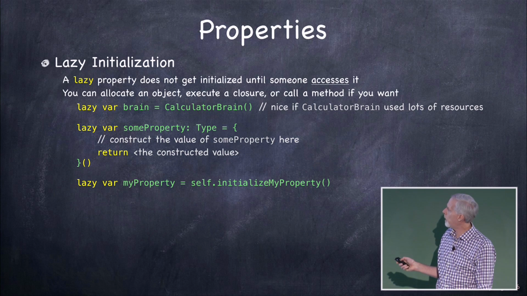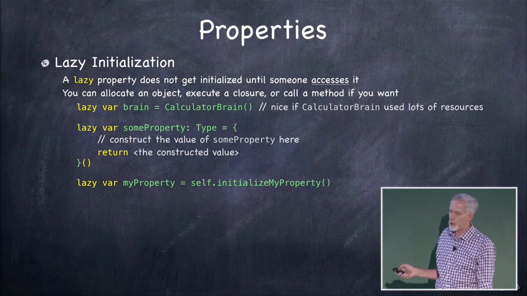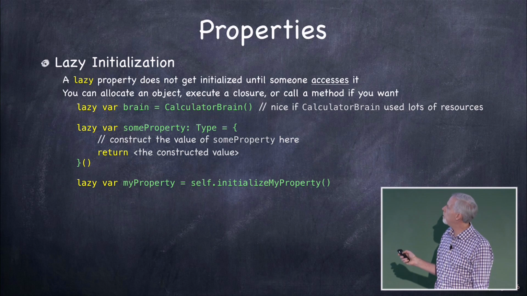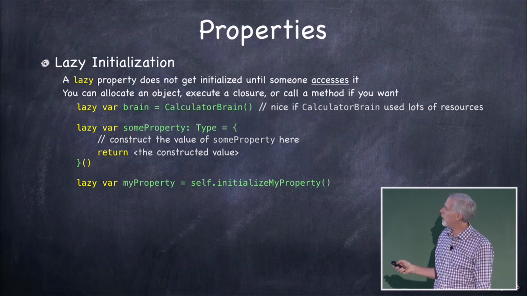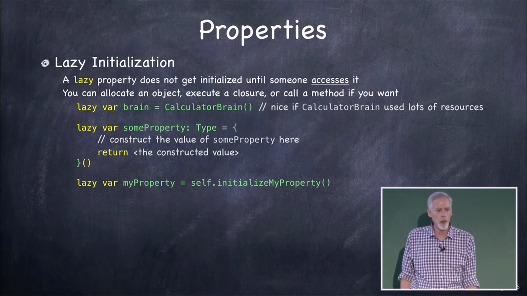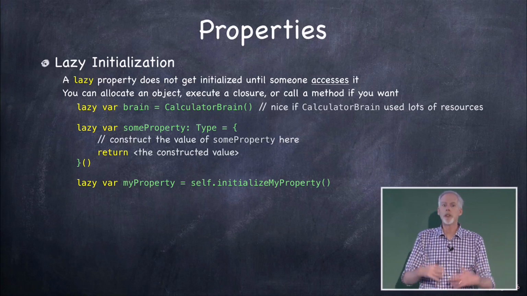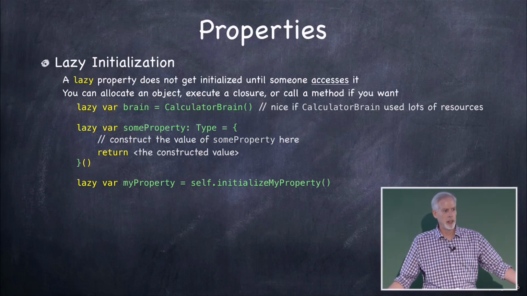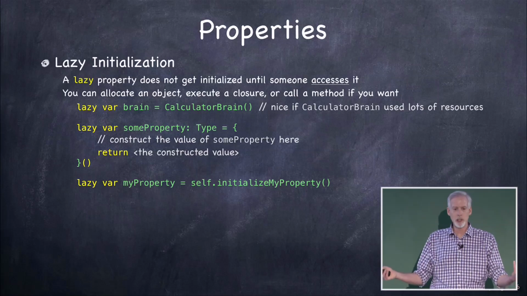Lazy var my property equals self.initialize my property. So I'm calling a method on myself to initialize one of my properties. Normally this would be illegal without the lazy. The reason this would be illegal without the lazy is that you cannot send any messages to yourself or access any of your properties until you're fully initialized. And this is part of your initialization, so it's a catch-22.